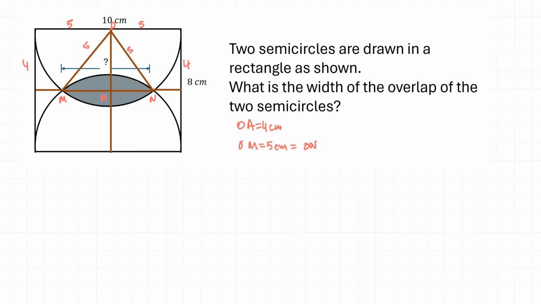So I can say that triangle OAN is right angled. OMN is an isosceles triangle.